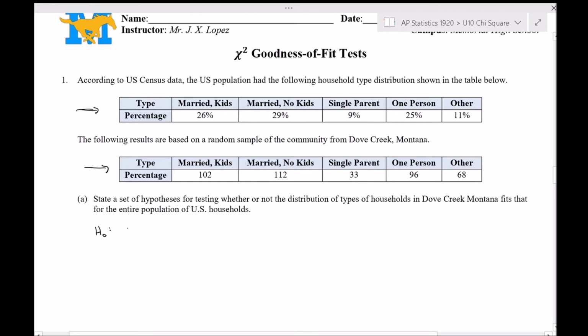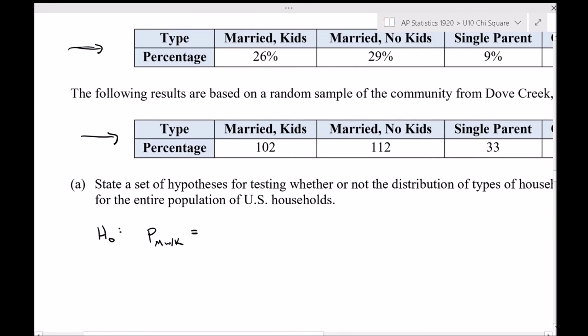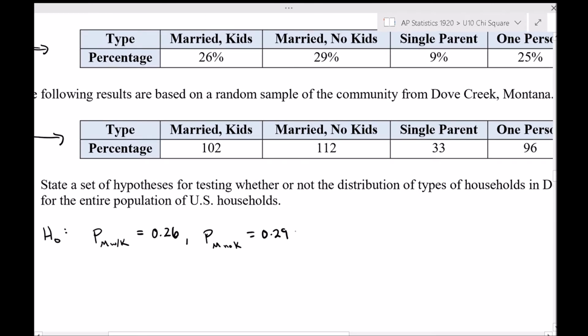So we'll talk about the first proportion. P for married with kids, I'm going to use that scheme, is equal to 0.26. The proportion of those married with no kids is equal to 0.29. Then we have 3 more categories.